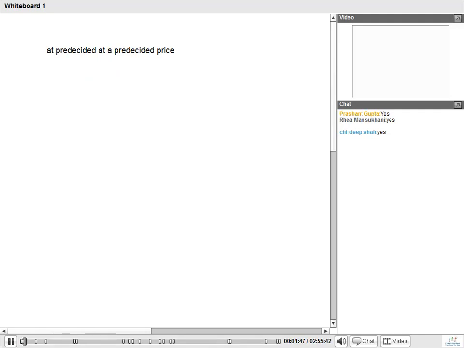So let's start. Assume a stock is currently priced at a value of S. You can even call it S0. And we need to determine the fair forward price at a time t from now. So this is t equals 0, and this is, let's say, t equals t.